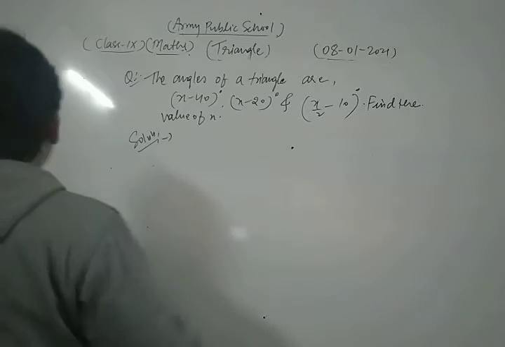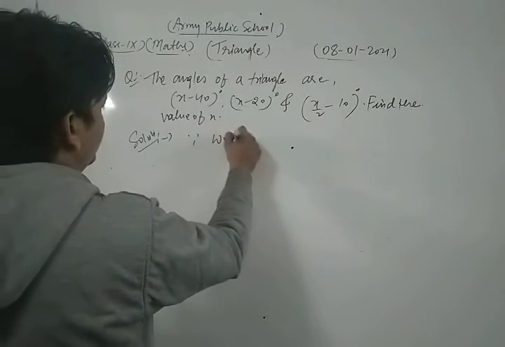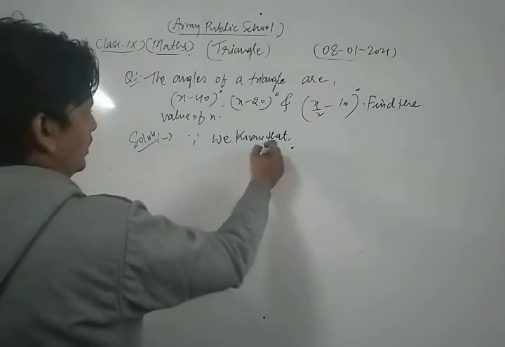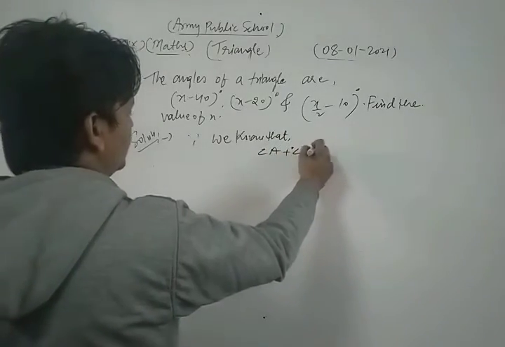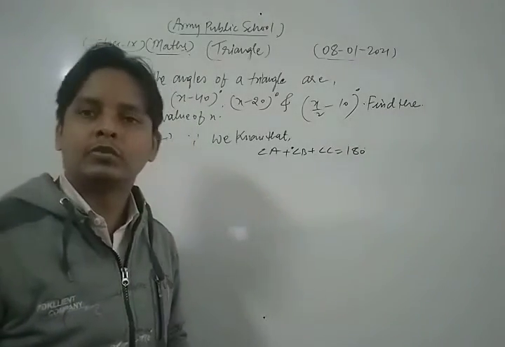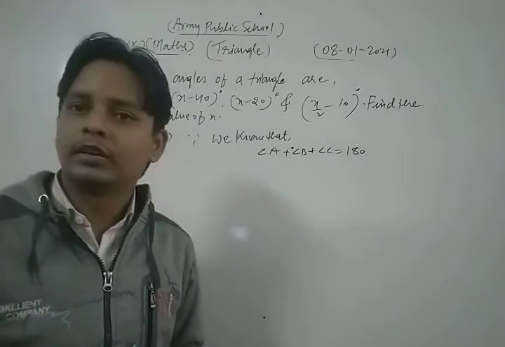Dear friends, we know that angle A plus angle B plus angle C is equal to 180 degree. That means the sum of all three angles of a triangle is 180 degree.